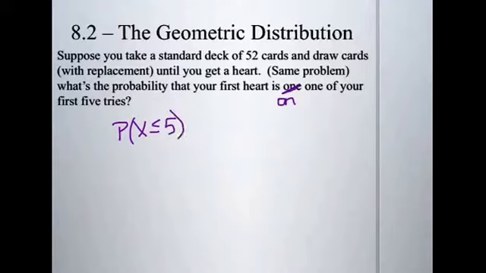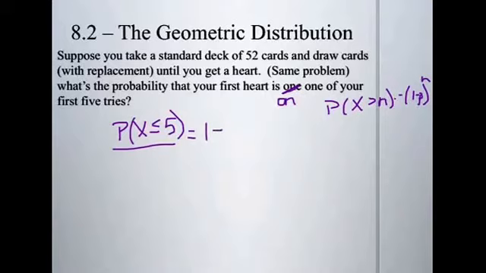Remember, I don't have a formula for less than. I have a formula for greater than, the probability that x is greater than n. And that's the probability of (1 minus p) to the n power. Well, what do we always do when we want the opposite? We always do 1 minus the probability.